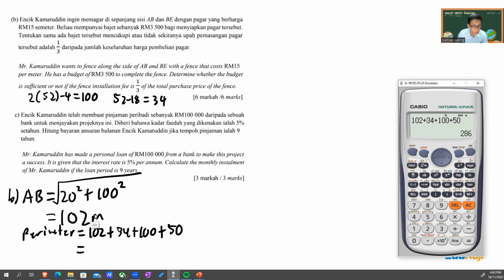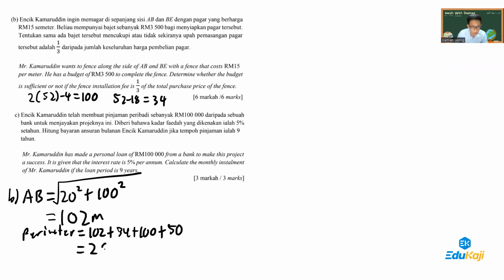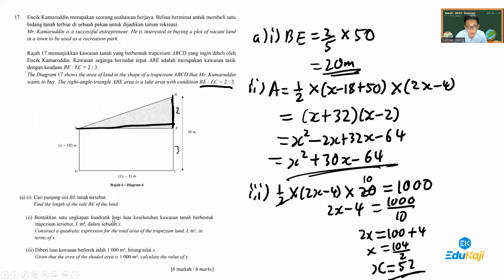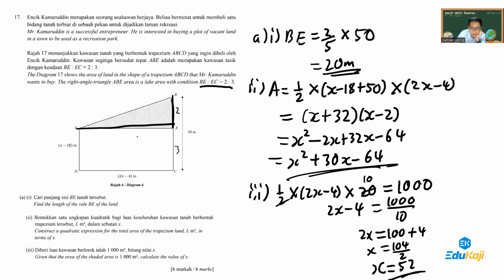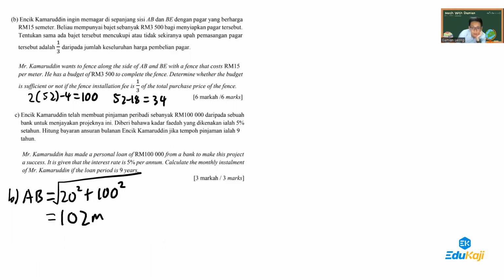Wait, fair enough. AB and BE, sorry. It's just BE. So AB plus BE is 20. So 122 meters.